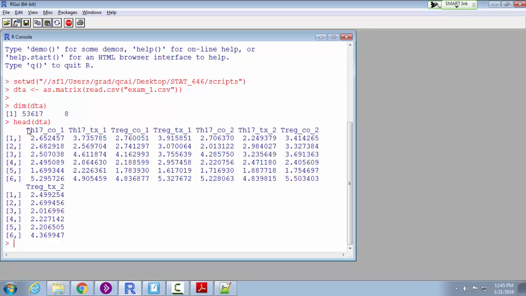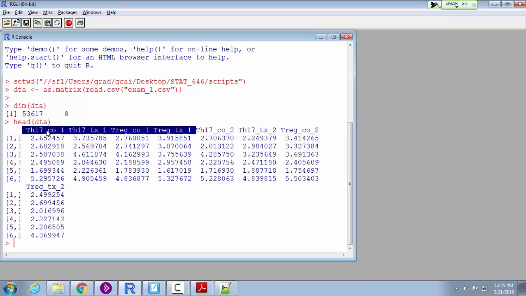In particular, the first column is cell type Th17. It's a control sample, so control condition, and this is donor 1. So you were told in the problem that there's only 2 people. We have 8 columns, but there's only 2 people that are giving us the genetic material to look at. First 4 columns are all the same donor, 1 person.